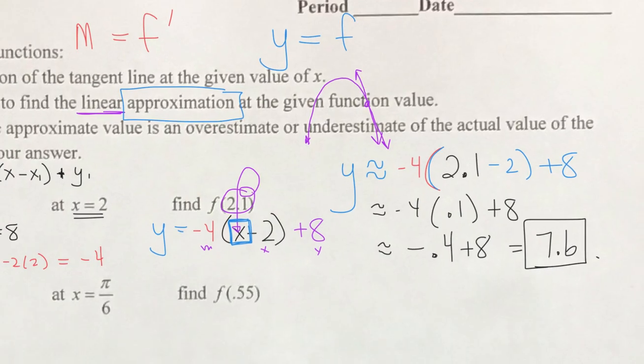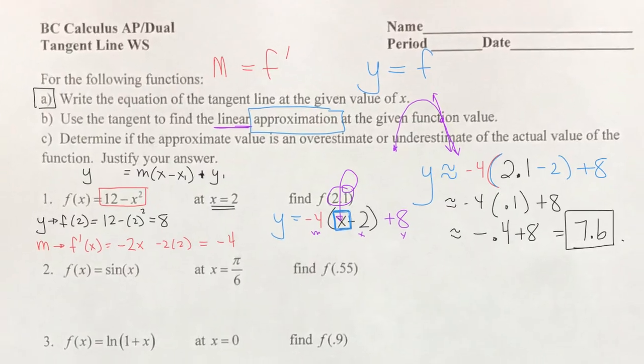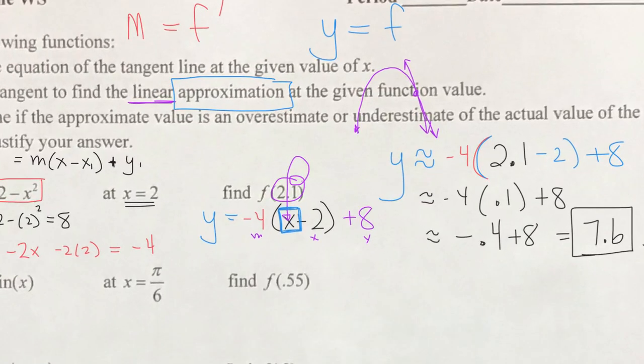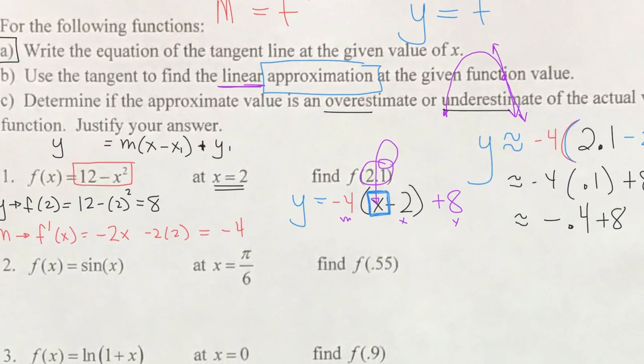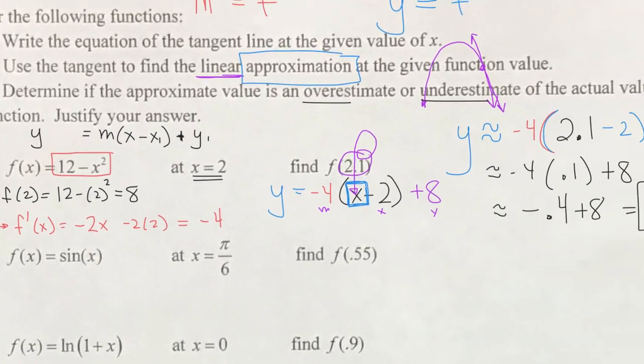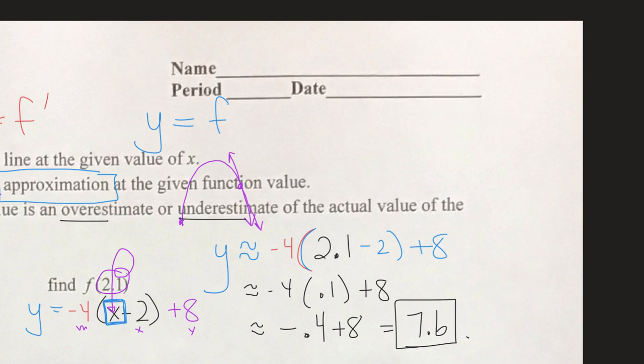Okay, so then the third part says, determine if the approximate value is an overestimate or an underestimate of the actual value of your function. Okay, so let's just do this real quick. What is actually f of 2.1? What is 12 minus 2.1 squared? Okay, and this is where we need our calculator, unless you're a genius at your squares, which some of you might be.